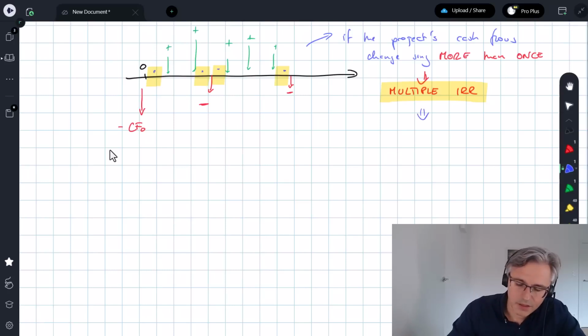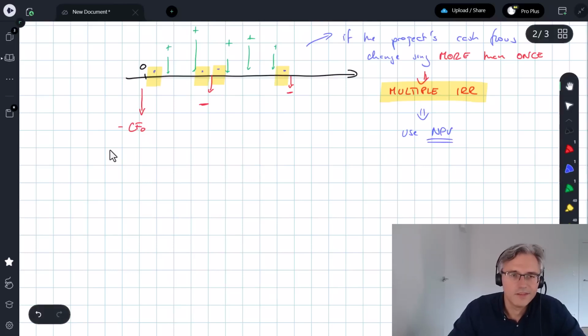And that's a cue to rely solely on NPV. Don't trust IRR. You don't know if that's what it really is.